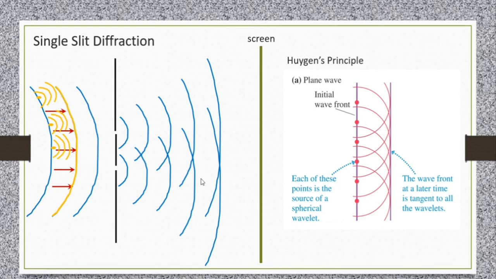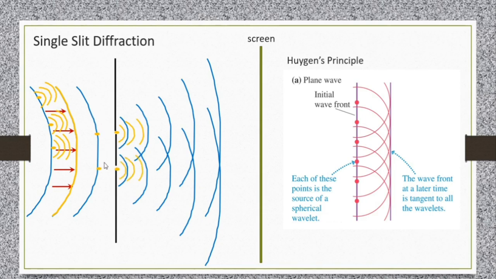Diffraction happens because the wave was already diffracting. Every point was doing diffraction. When there's a barrier, the waves here are blocked. Only this one here spreads out, and then this one down here spreads out.